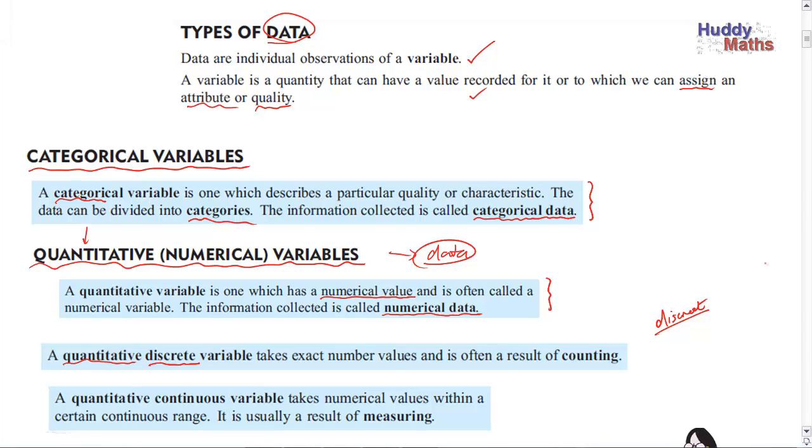But discrete here in mathematics means separate, distinct numbers, exact number values, often coming from counting. I'll count up how many petals a flower has. So I won't get 1.5 or 2 3/4. I'll get exact number values, all right? Nothing in between, if you like.